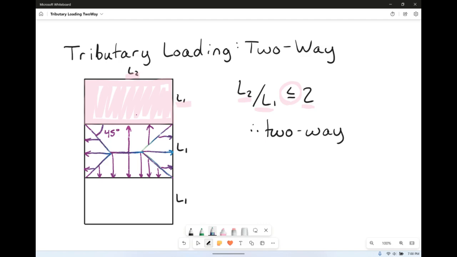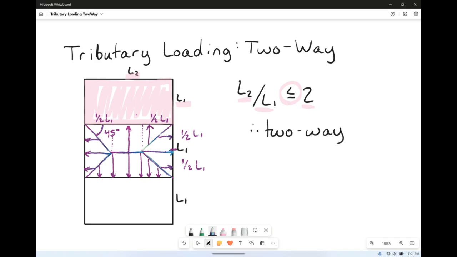So you come in 45, which, just doing a little bit of math, 45 here to make this triangle shape means that this is going to be half of L1 and half of L1. And then where it hits the 45, remember the special thing about 45 is that the length and height of a triangle is the same. So this is also half of L1, and this is also half of L1.